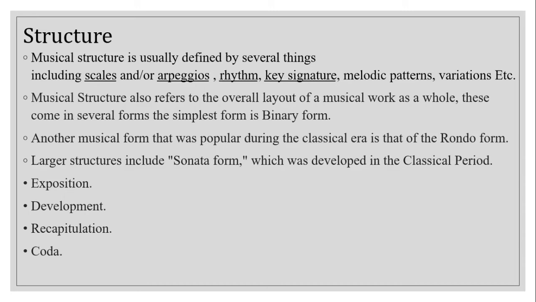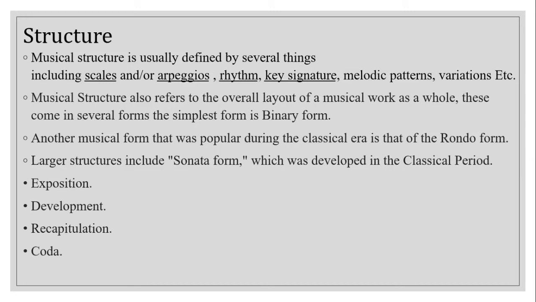And then, to expand it, there is ternary form, which is the same as binary, except that the A section is repeated, marking the overall structure as A, B, A, and that is ternary form.